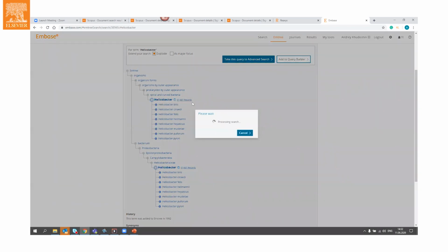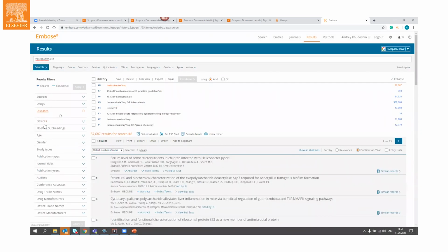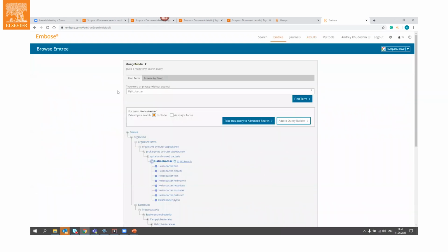We can go to the articles related to this bacteria and find diseases discussed in the articles, and non-surprisingly, number one is Helicobacter infection, second is gastritis, etc. We can go back to the taxonomy tree and try to search Helicobacter infection.